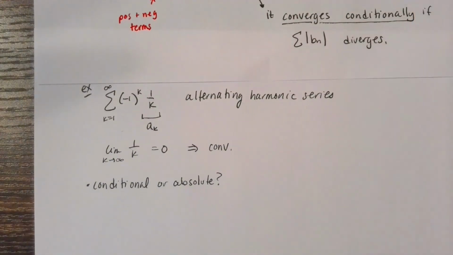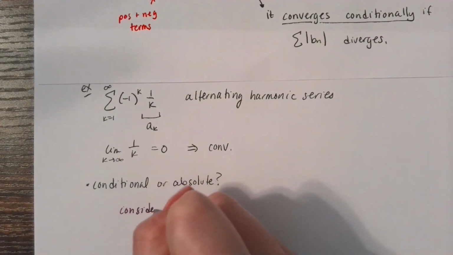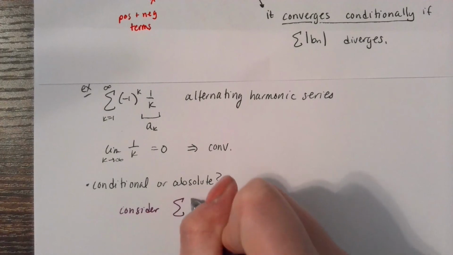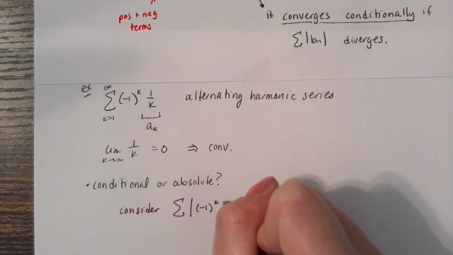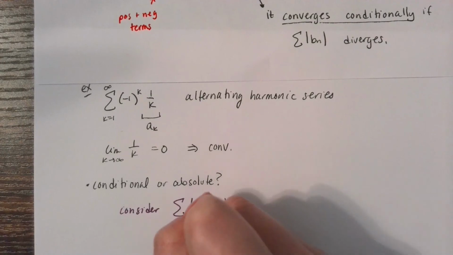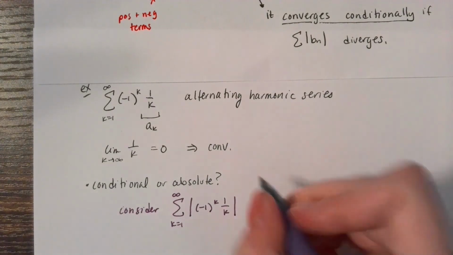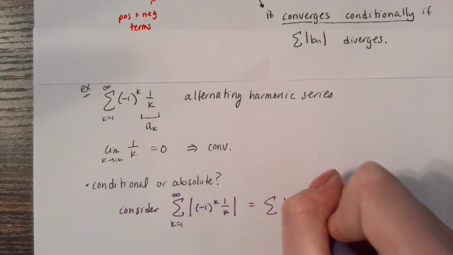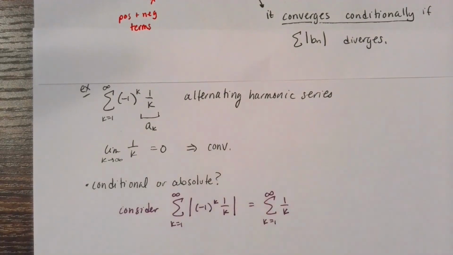That means we need to consider the absolute value version of this series. So the absolute value of -1 to the k times 1 over k. Those absolute value symbols are just stripping away the minus sign that is on every other term. So what's going to come out is just the regular harmonic series, right? Those powers of -1 don't mean anything anymore because they're getting absolute valued and going away.